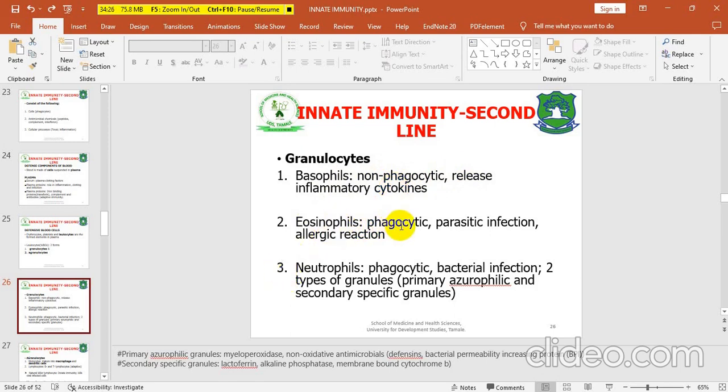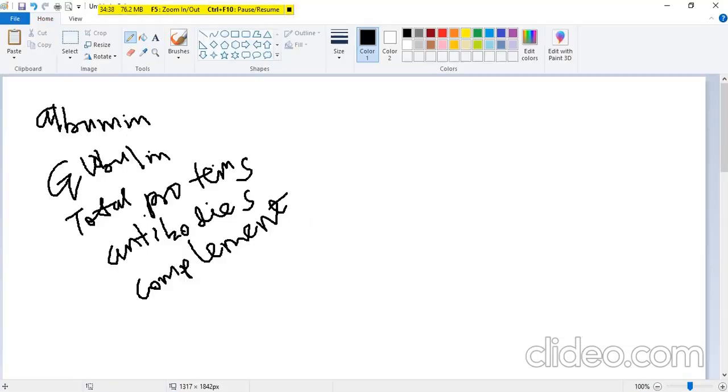Eosinophils are phagocytic. They engulf the organism and eat it up. Eosinophils are the white blood cells that mediate parasitic infections. So this is how eosinophils look like. They have a spectacle nucleus, which is like a spectacle. This is an eosinophil.